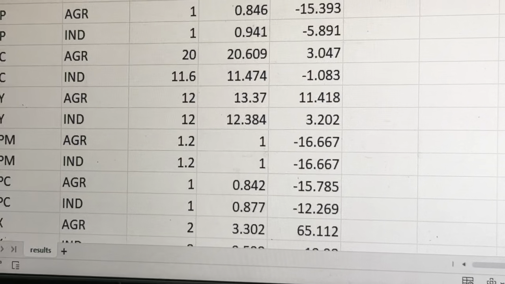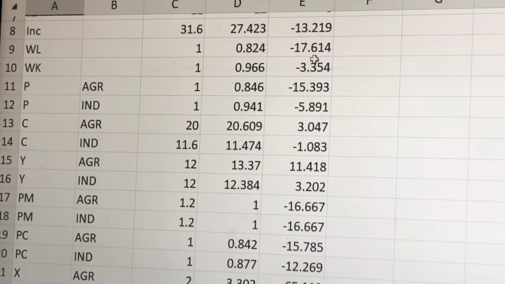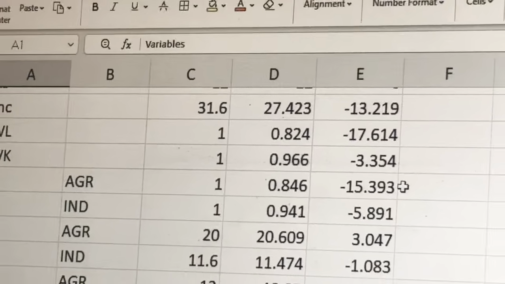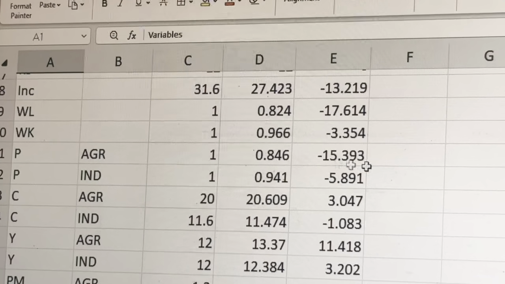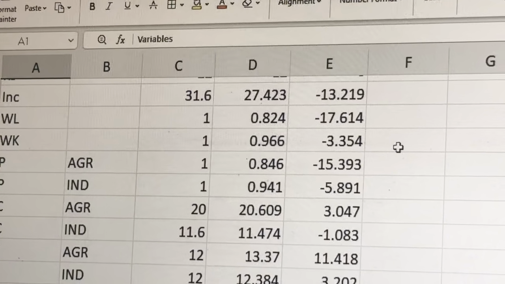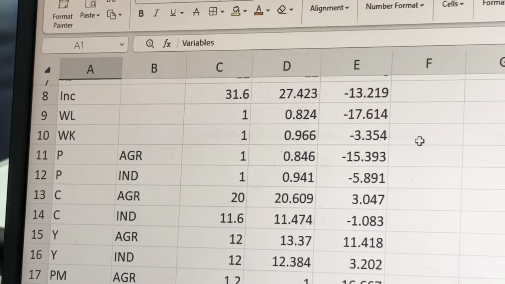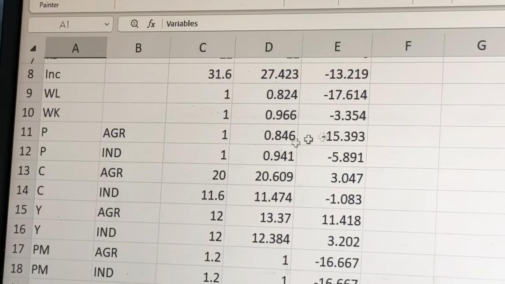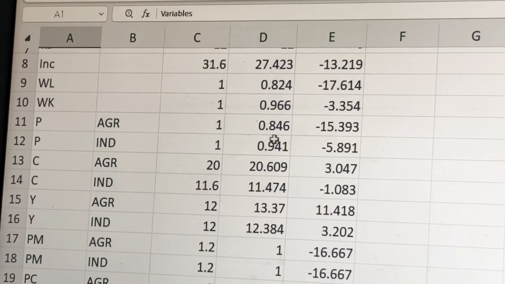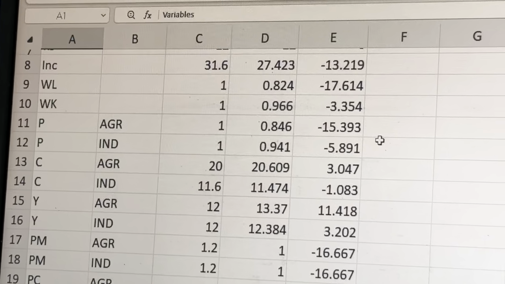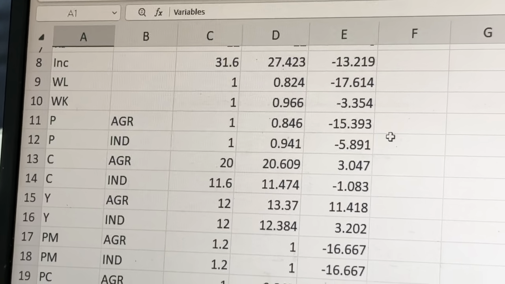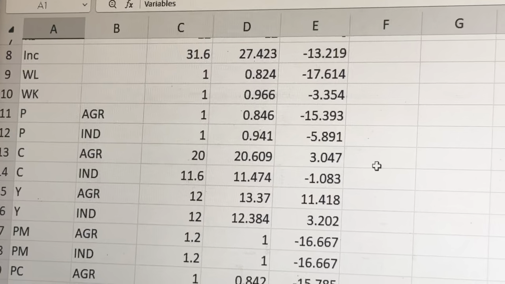For the wage of labor, we can see a decline of 17.61%, and in the capital return, we can see a reduction of about 3.35%. Next, we can see the price of goods here. The price of goods falls about 15.39% for agriculture, and for industry we can also see a fall, which is 5.89%.